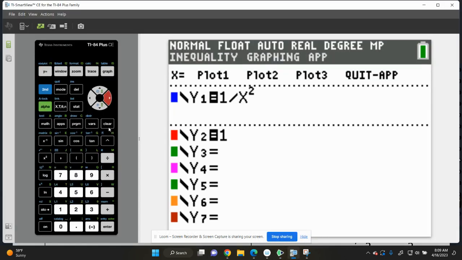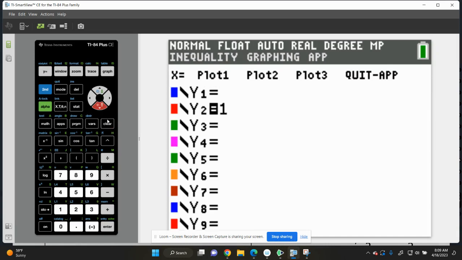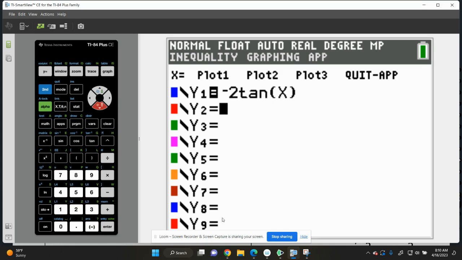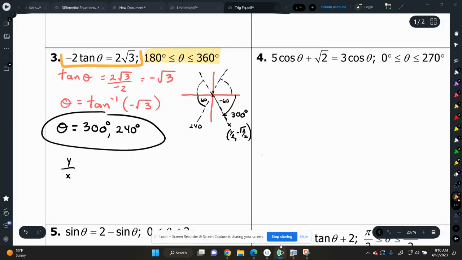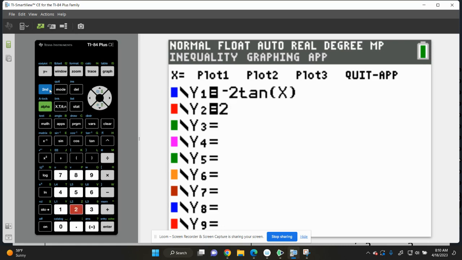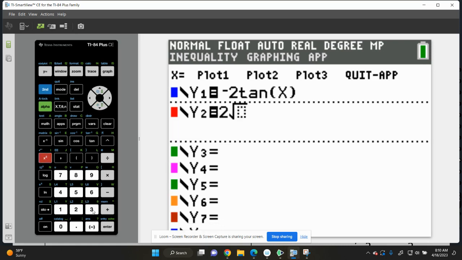Okay, learning how to look at things on our calculator and look at the table of values, also very important. And we should use all of that when we're solving these. Okay, -2 tangent theta, and then 2 root 3. So what I'm going to do is look to see where these lines intersect, okay?